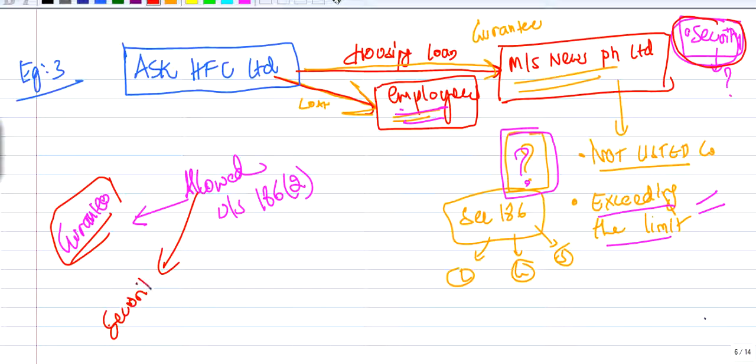Security also is allowed, because section 186 subsection 2 is not applicable in this case. Even if the company provides security instead of guarantee, the provisions of section 186 subsection 2 are applicable for providing security also. So this is example 3 solved.